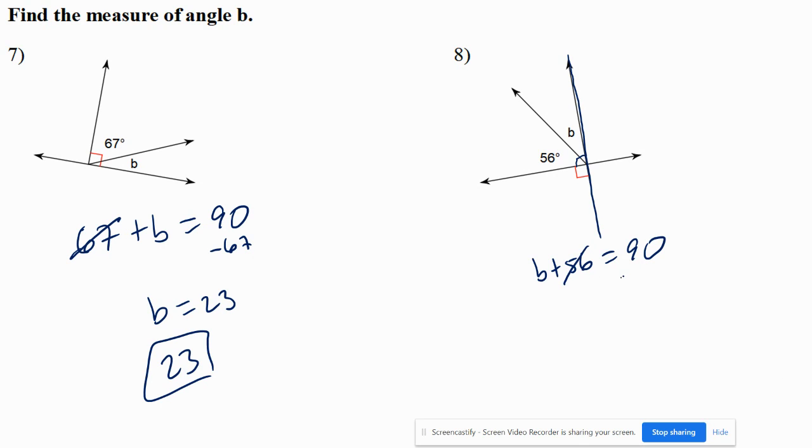My 56, I'm going to move it over. Don't forget to switch the sign. Now 90 minus 56 happens to be 34. On your homework, just type 34. Don't go B equals 34. Just type in 34. So that's dealing with the complementary angles.